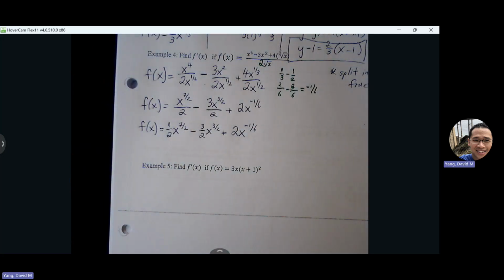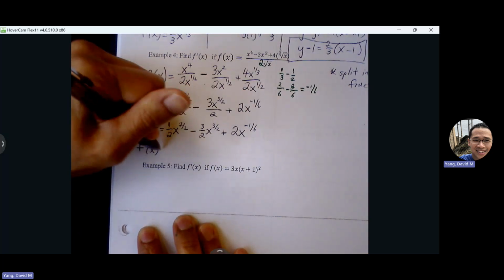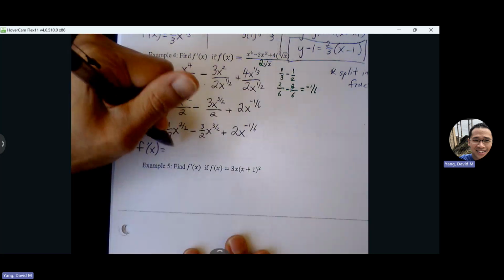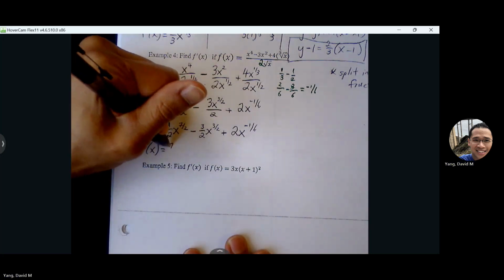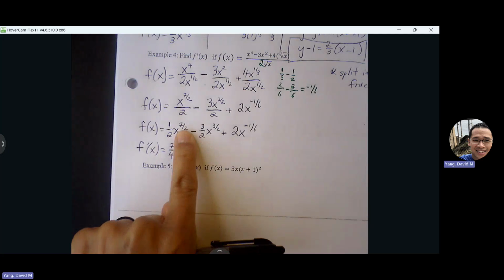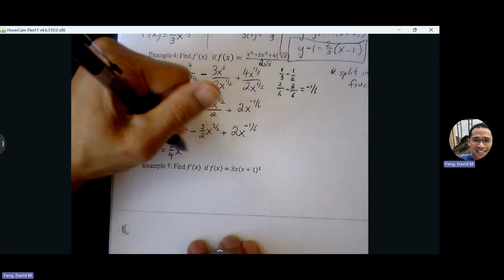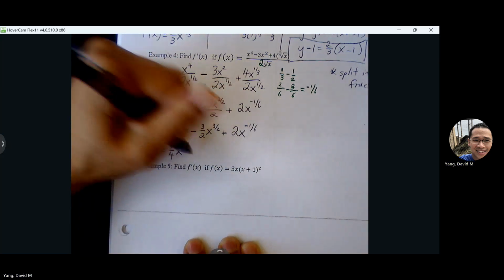We can now apply power rule, which brings the exponent down and subtracts 1 from the exponent. So now f prime, bring the 7/2 down. What's my new exponent? 5/2. Yeah, 7/2 minus 2/2, which is 5/2.